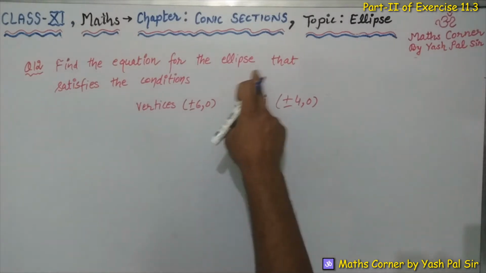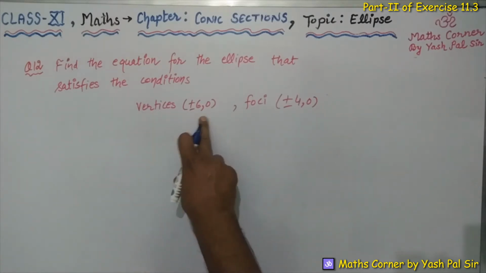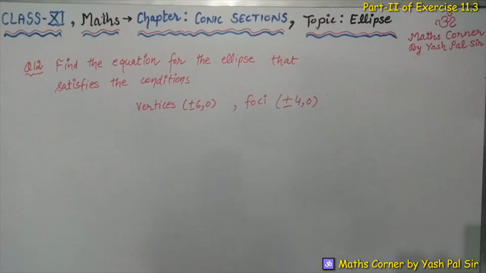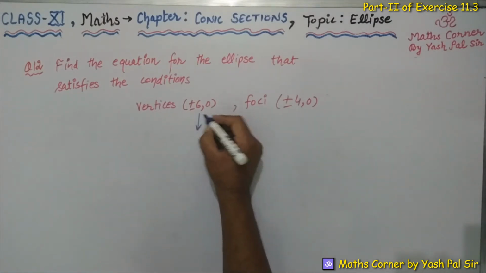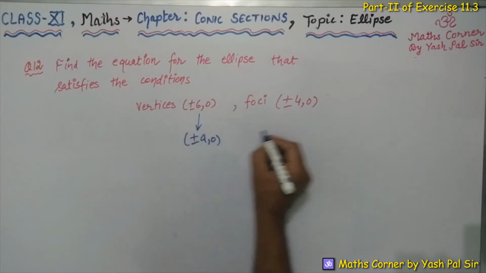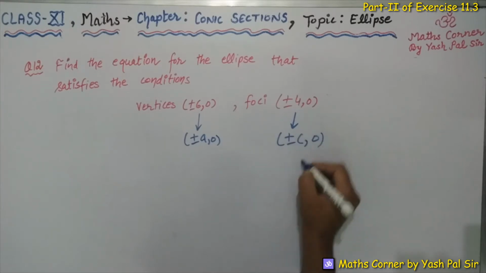Now next question. Question number 12. Find the equation of the ellipse that satisfies the conditions vertices plus minus 6 comma 0 and foci plus minus 4 comma 0. Again we compare the vertices with plus minus a comma 0 and foci with plus minus c comma 0.